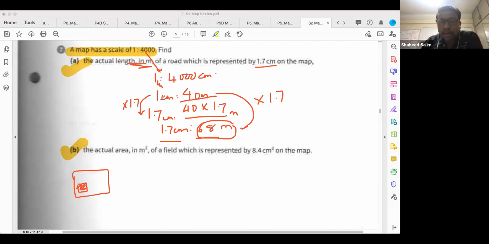So we have to create now the ratio for area. Remember, this is ratio for length. Every time they give you the ratio, the scale for map is the ratio for length. Remember, now you got to get ratio for area. How to get ratio for area? Okay, we take this now. We already changed this one now. Now we're going to change from length to area. For area, what I'll tell you, you put a square.